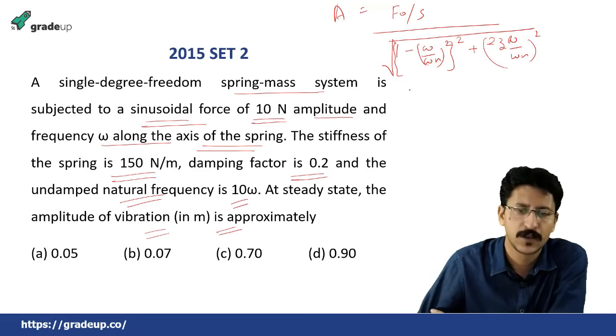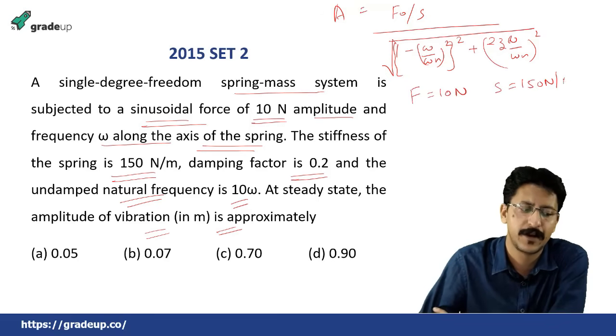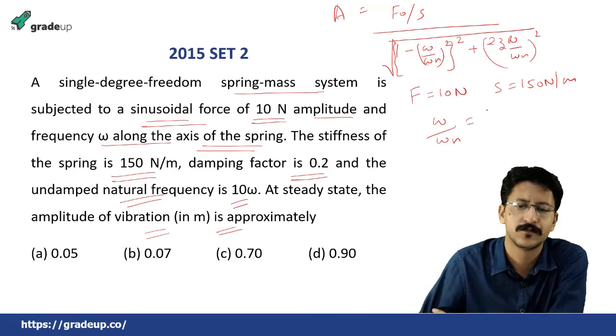In this case F is given as 10 Newton and s is given as 150 Newton per meter. Omega by omega n is equal to 0.1, because the undamped natural frequency omega n is 10 omega.